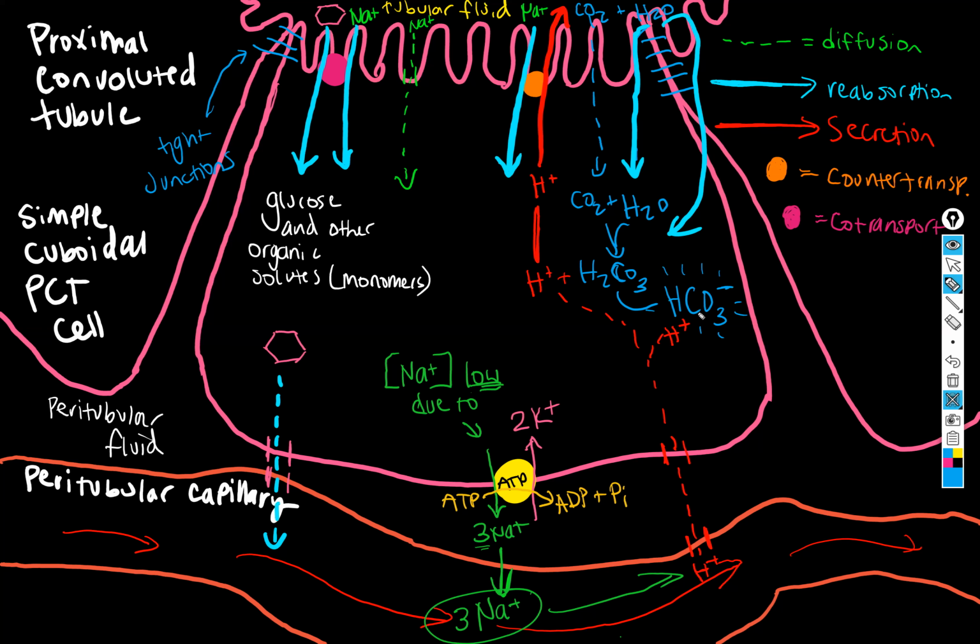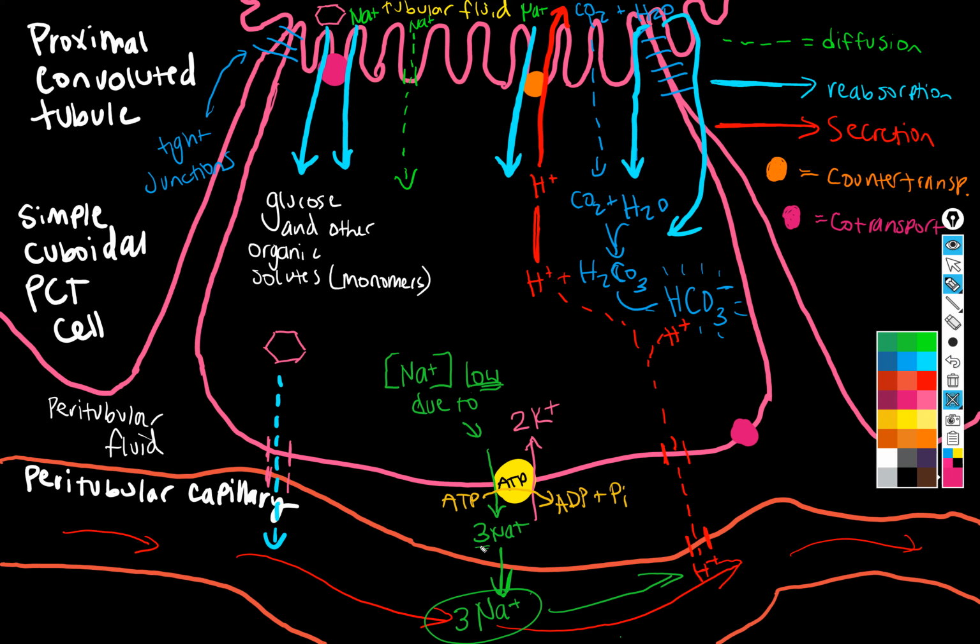That transport is again going to happen due to a sodium gradient. So again, we're going to do some co-transport. So if I know that the concentration of sodium inside of the PCT cell is consistently low, that means that it's going to want to diffuse. And one of the ways that it does that is, of course, due to our pumping.